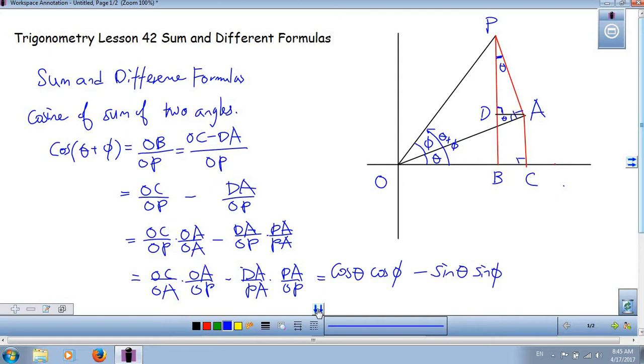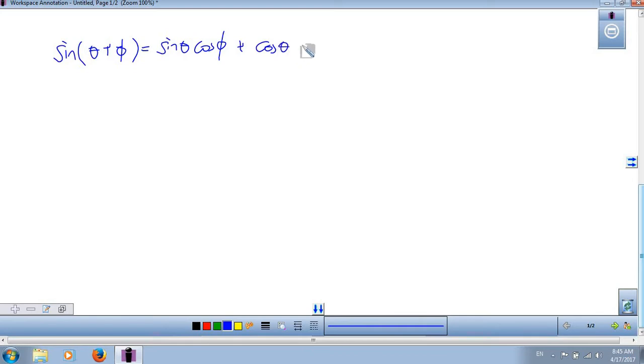Now let's review what we have just done. We have the sine of the sum, which is sine theta cosine phi plus cosine theta sine phi, and cosine of theta plus phi equal to cosine theta times cosine phi minus sine theta sine phi.